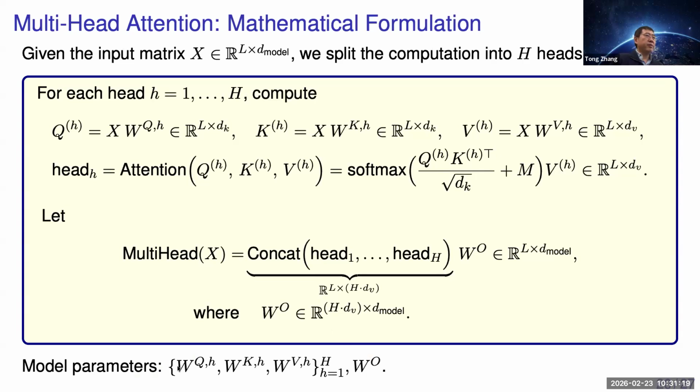You have Q, K, and V projection matrices, and then you have H of those, so 3H matrices plus one output matrix. They are all basically linear algebra, just matrix multiplication, and that's all you need for the attention.